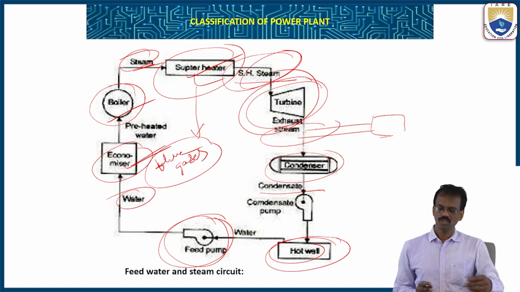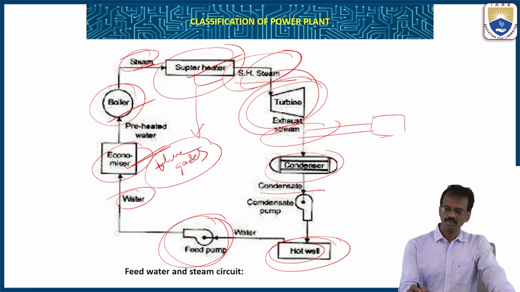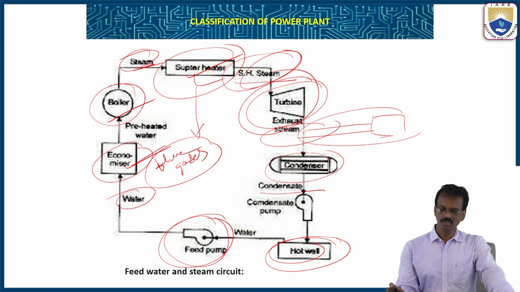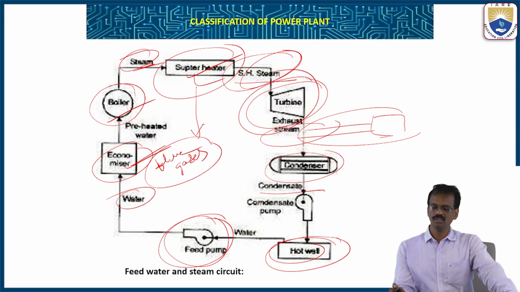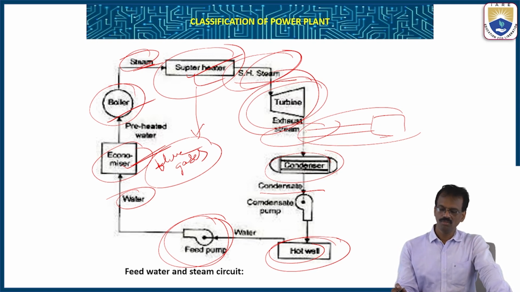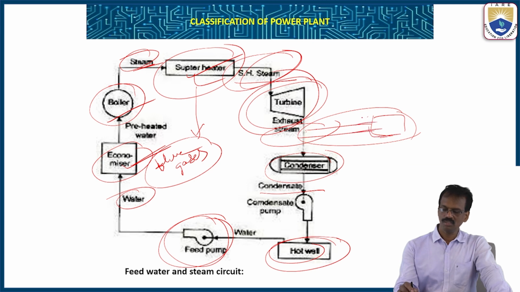So when the turbine rotates, the generator connected to the turbine also rotates simultaneously. Because of the rotation of the generator, electrical energy will be developed.